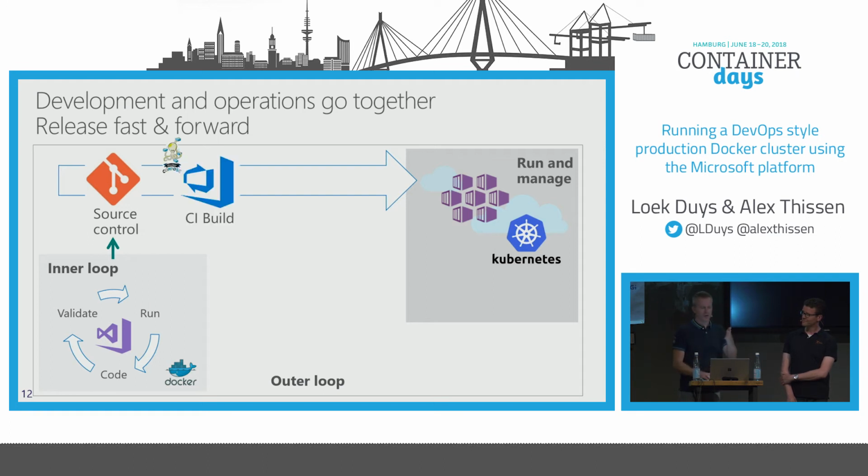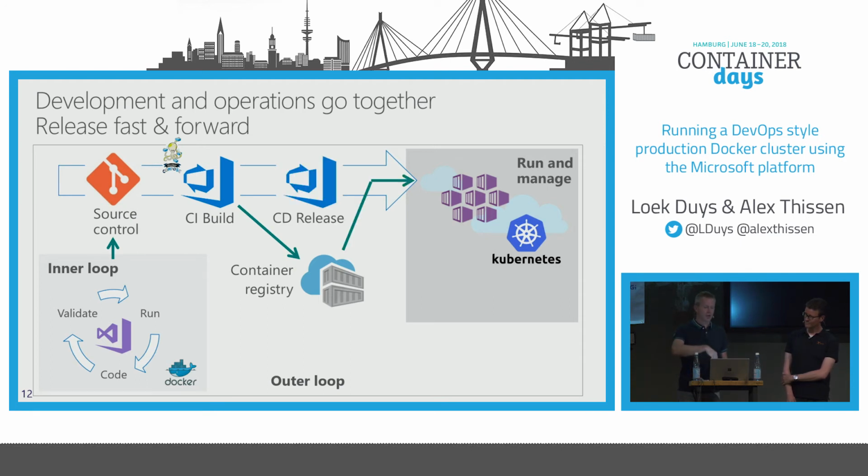So whenever we do a commit, you can kick off an immediate build, like continuous integration. The continuous integration pipeline will build your binaries, create the images from the Docker files, and push the images into the registry. And from the registry, a second pipeline, the release pipeline, will instruct the cluster to pull the new images, thereby going to the new version. So this should all be very smooth.